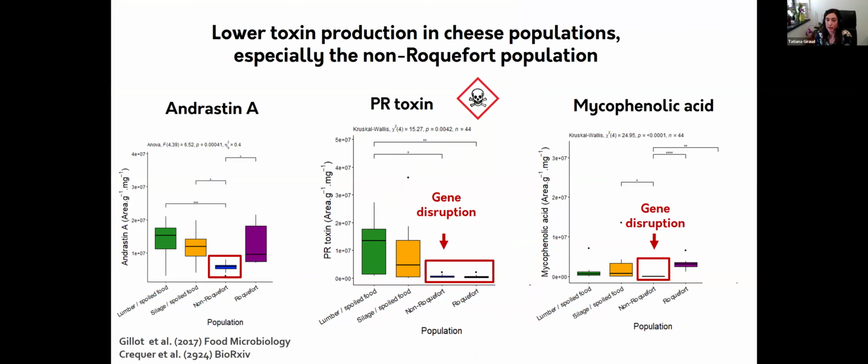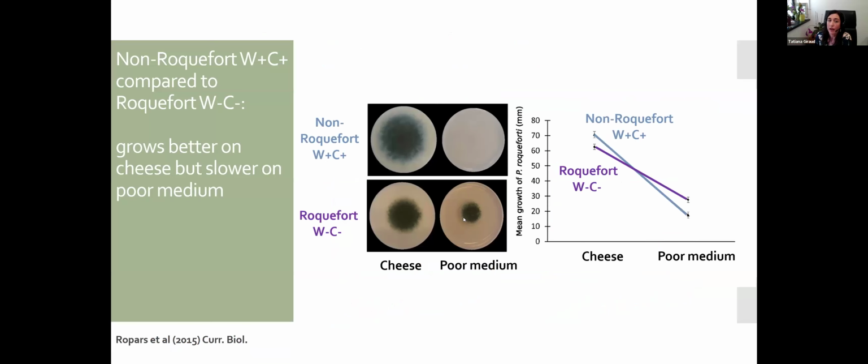And then we looked at the trait evolution of this population. For the production of toxin, indeed, the cheese populations produce very little or no toxin at all. So it looks like there has been a selection against toxin production, with some footprints of gene disruption in the biosynthetic pathways.